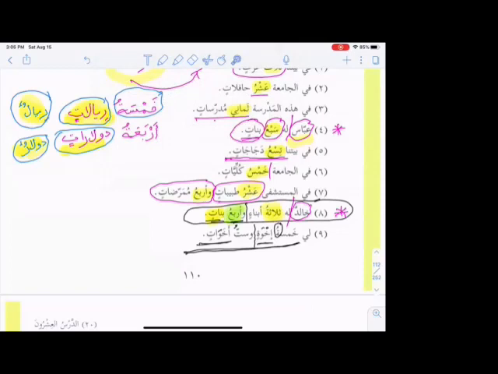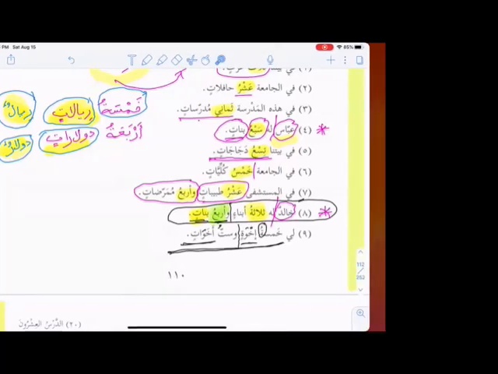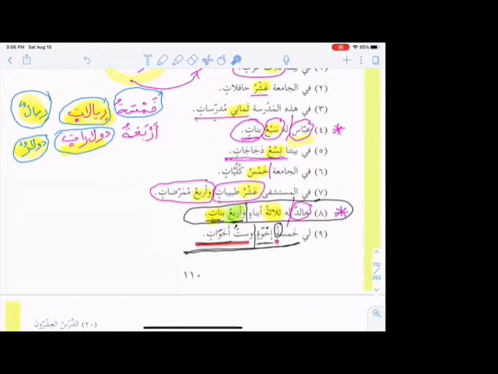Li, I have. What do I have? Khamsatu ikhwatin. I have 5 brothers. Wa, see now this is called harfu atfin. It is connected, it connects this sentence with this.